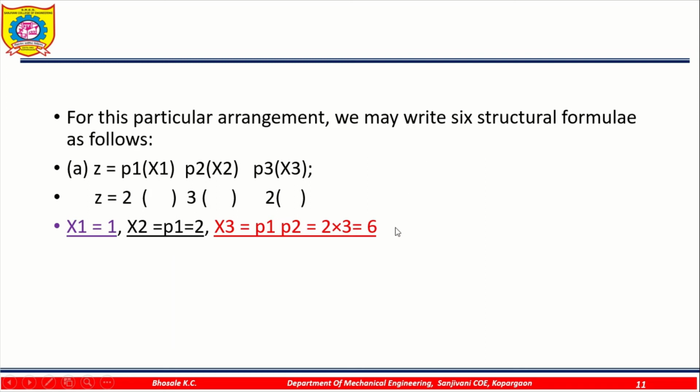For the 12-speed gearbox, we have P1 X1, P2 X2, P3 X3. X1 is 1, then X2 will become 2 and X3 will become 6. So for this case, 2 into 1, then 3 into 2 and 2 into 6.